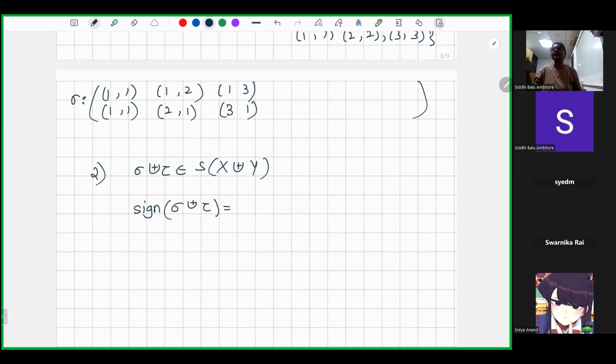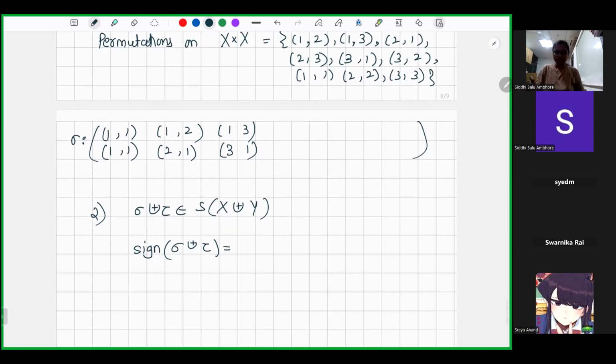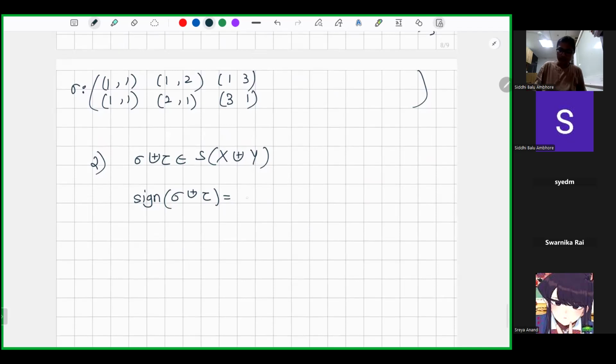Nothing is interacting with each other, unlike this one, where elements here and here are different. So here it will just be signature of sigma into signature of tau.